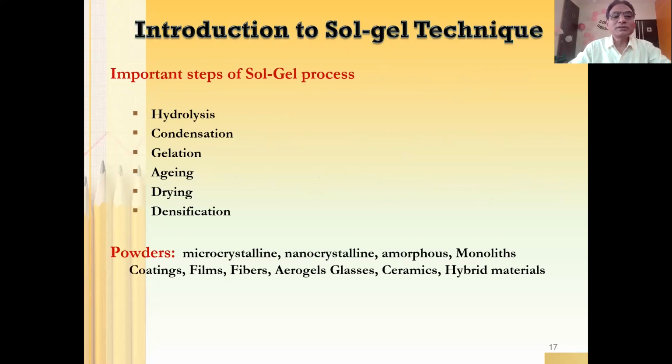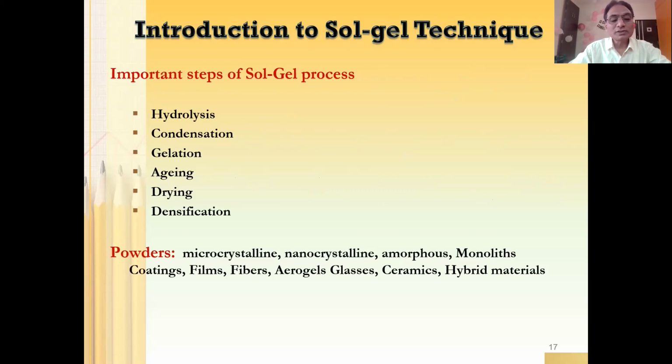These are some of the steps of the sol-gel process which are going to be very important: hydrolysis, condensation, gelation, aging, drying, and densification. Now, as far as powders are concerned, what is powder? Powder is microcrystalline or nanocrystalline amorphous monolithics.